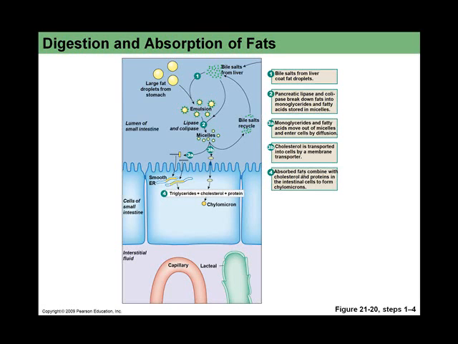And then the absorbed fats combine with cholesterol and proteins in the intestinal cells to form the chylomicron. So in your mind, be associating the micelle with the lumen of the gut tube pre-absorption, and the chylomicron inside the cell post-absorption that contains the triglycerides that were reassembled in the smooth ER, the cholesterol, and the protein.